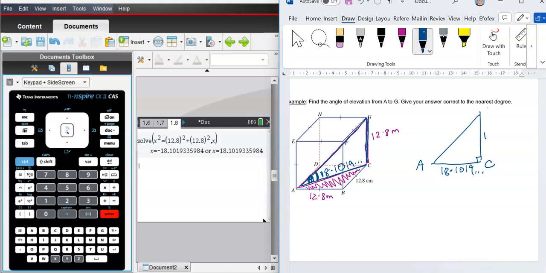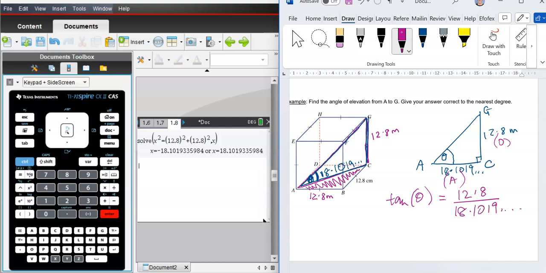C to G is 12.8, and the angle A is the angle I'm supposed to be finding for an angle of elevation from A looking up towards G. So again, I've got an opposite and an adjacent, and tan again. So we use tan quite a lot. Opposite is 12.8. Adjacent is 18.10... And again, I'm not going to round it until I get to the very end of the question.